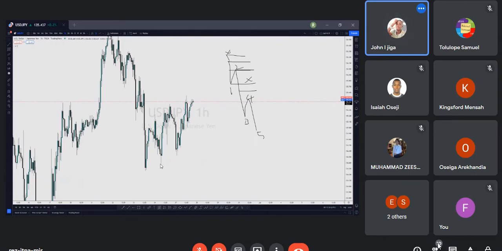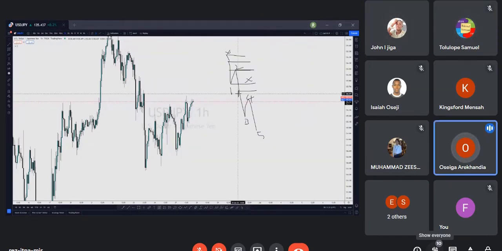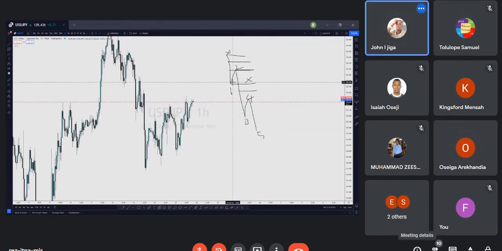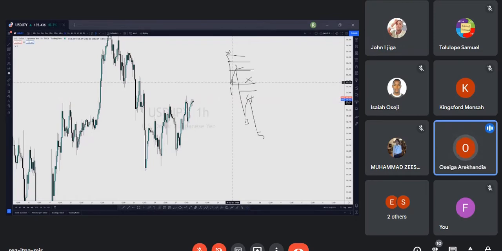Okay, let me try. Wave 1 is an impulsive wave. Wave 2 is a retracement that does not break the high of wave 1 but moves above the equilibrium of the first wave, into like the 61% premium level.